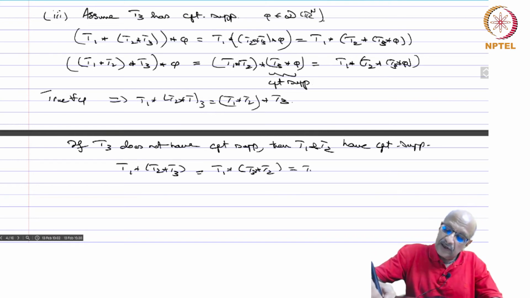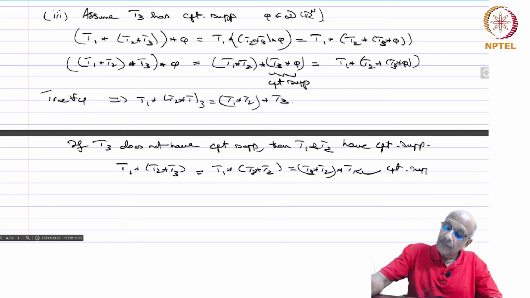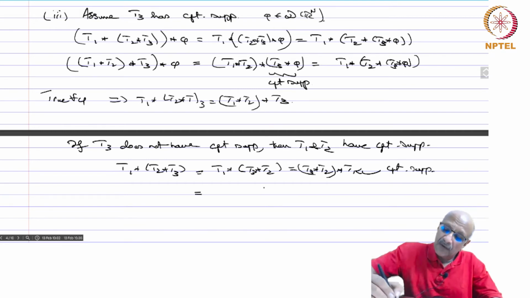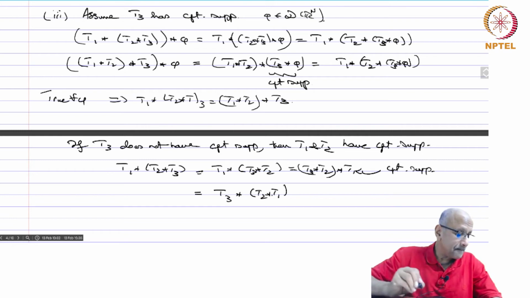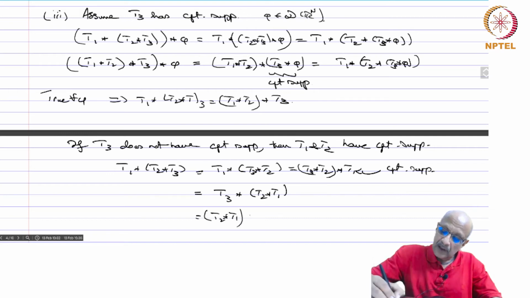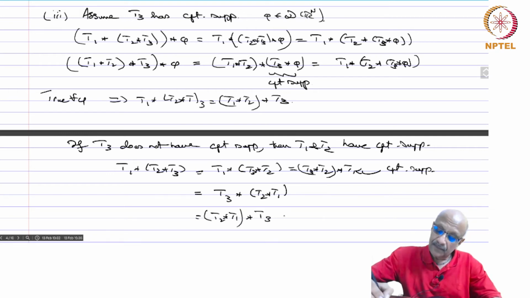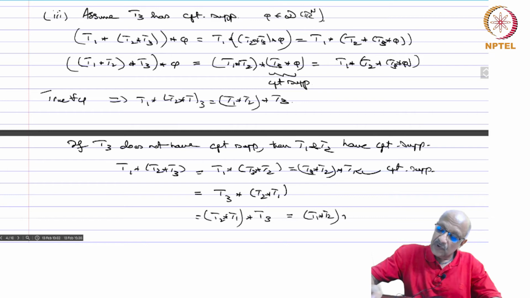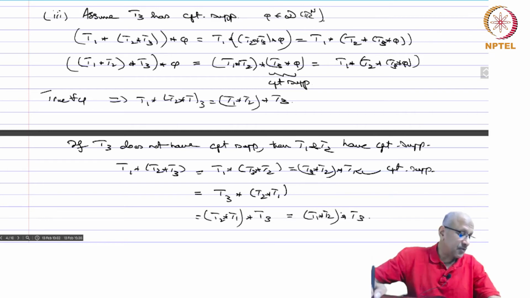This is equal to T3 star T2 star T1. Now T1 has compact support, and therefore by the first part of this section, you have this is T3 star T2 star T1, which is equal to T2 star T1 star T3, which is equal to T1 star T2 star T3, and that proves the whole thing.